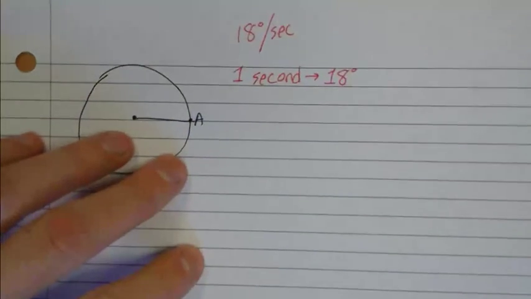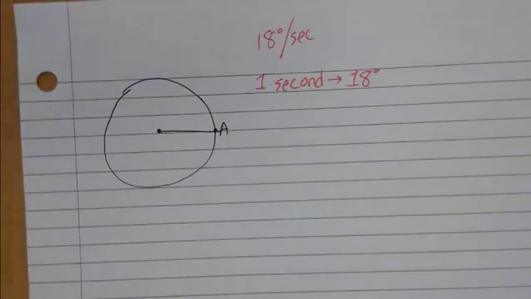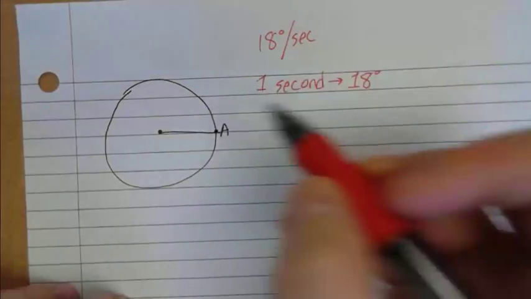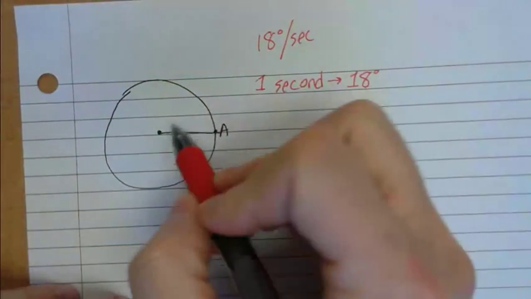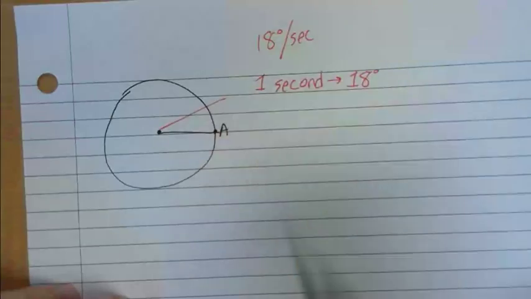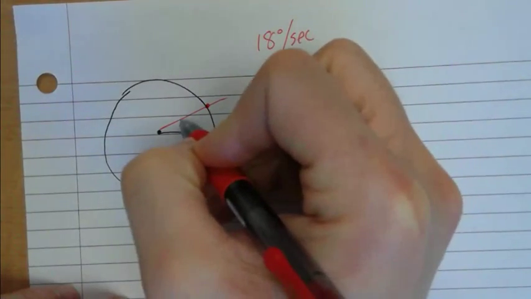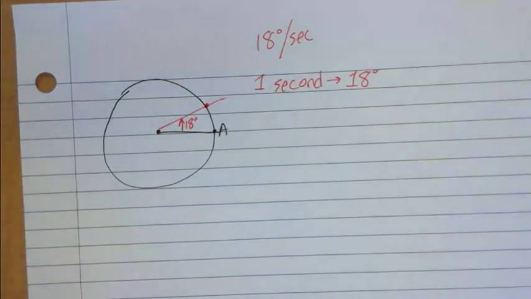Keep that in mind as we keep doing this. So if I have 18 degrees, I could draw a line right here. This is my new position after 1 second. I've gone through 18 degrees.